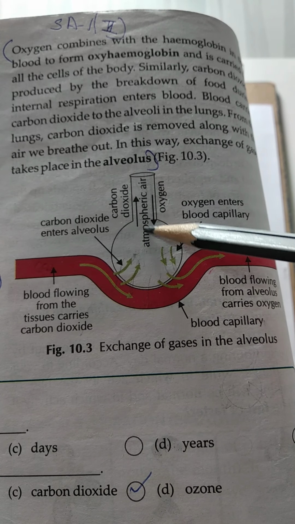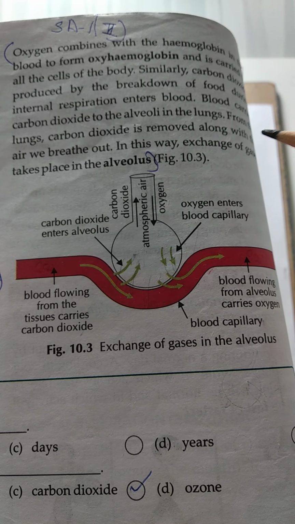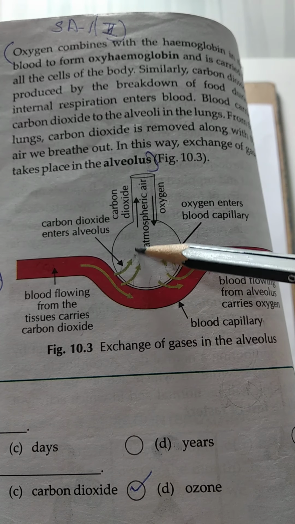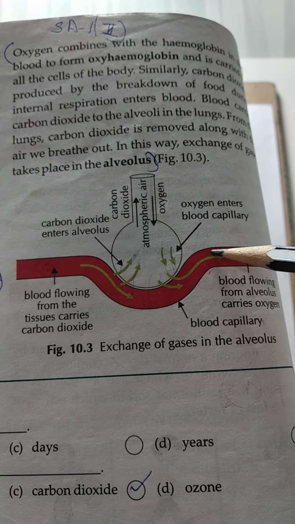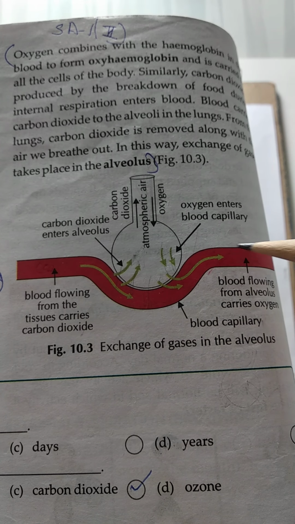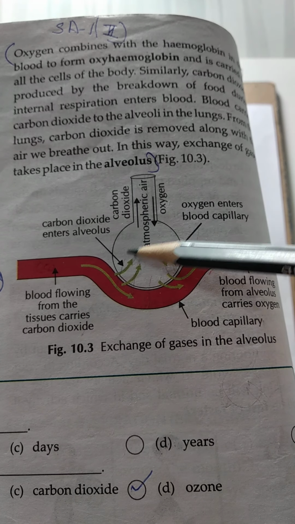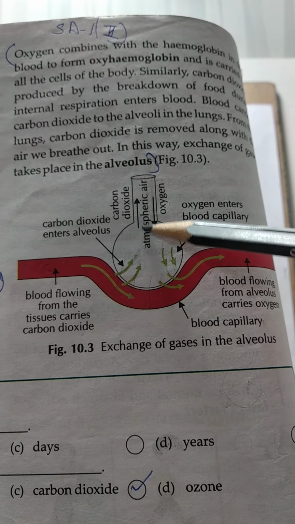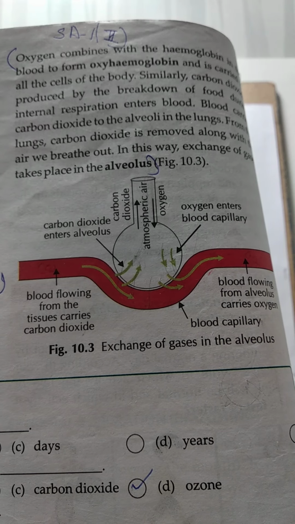And the air which has freshly entered the alveolus is rich in oxygen. So now see, from here carbon dioxide is taken away from the blood, and here oxygen is added in the blood, right? And blood flows from the alveolus carrying oxygen. And this carbon dioxide which enters the alveolus from the used up blood goes out of the lungs by the process of exhalation.